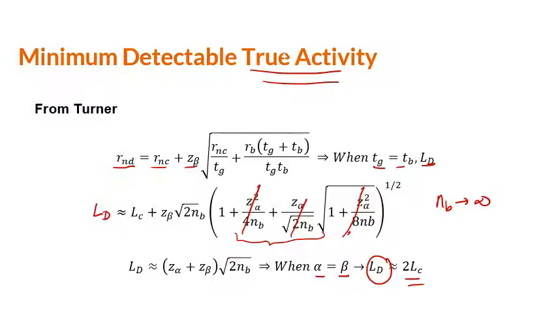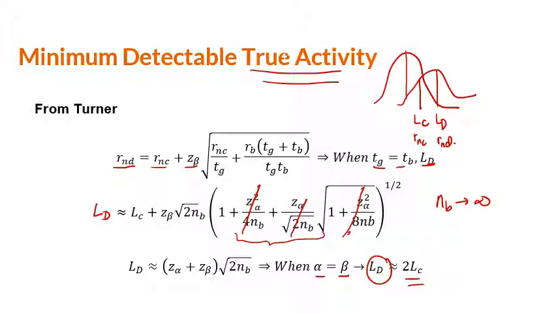Yung graph natin kanina from your previous slide. Okay? So meron kang dalawang peak. So you have LC here. Okay? And then you have your LD somewhere here to the right of your LC, and then your associated rate is RNC. Dito is RND.